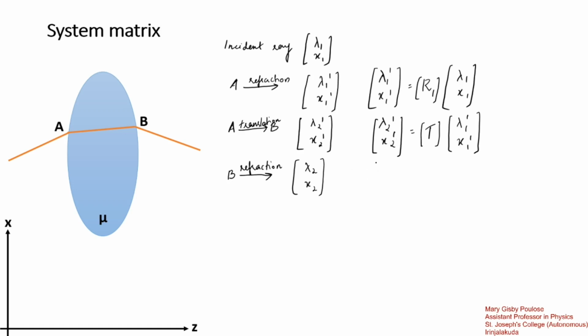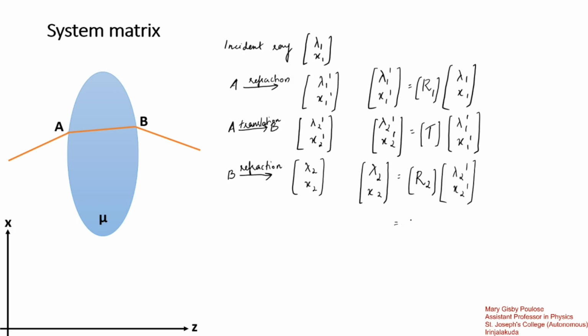Okay. Now for the third operation at B, you have the second refraction. I can write the emergent ray lambda2, x2 is equal to refraction matrix at the second surface R2 upon lambda2 prime, x2 prime. Right. Now for this vector, I'm going to substitute this equation.